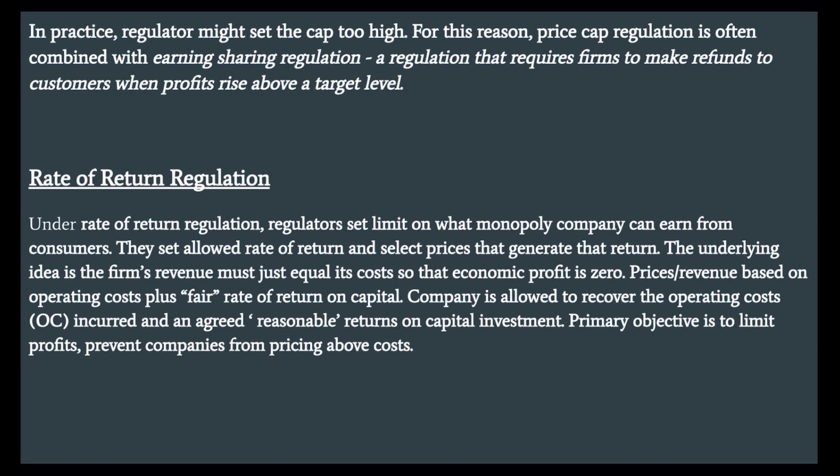The underlying idea is that the firm's revenue must just equal its cost so that economic profit is zero. Prices are revenue based on operating costs plus a fair rate of return on capital. The company is allowed to recover the operating cost incurred and an agreed reasonable return on capital investment. The primary objective is to limit profit and prevent companies from pricing above costs.